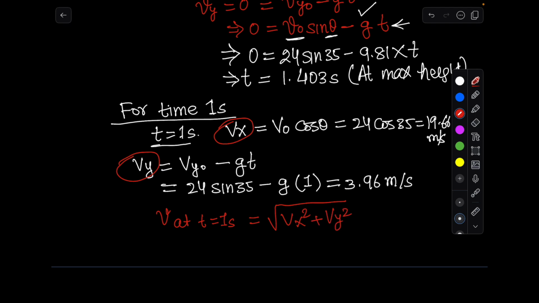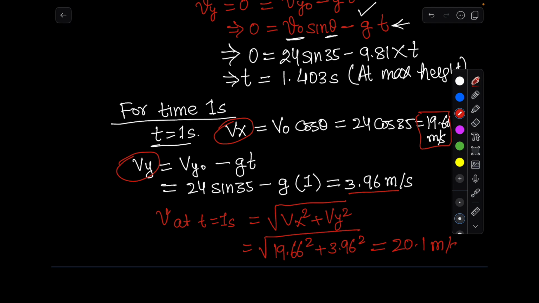So put these values of 19.66 meter per second and 3.96 meter per second. 19.66 square plus 3.96 square is equal to how much? It is 20.1 meter per second. So you have easily calculated the velocity at time 1 second.